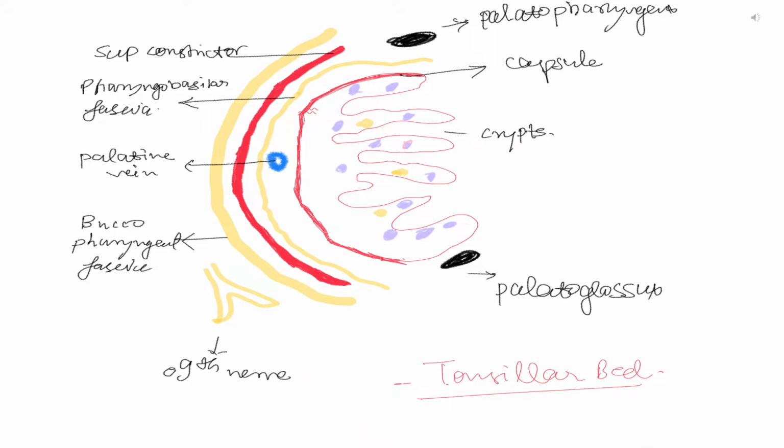There is also ninth cranial nerve, and forming the anterior pillar there is palatoglossus muscle and palatopharyngeus muscle forming the posterior pillar. There are various tonsillar crypts visible, which act as the germinating center of various lymphocytes and B cells, providing immunity to our body.